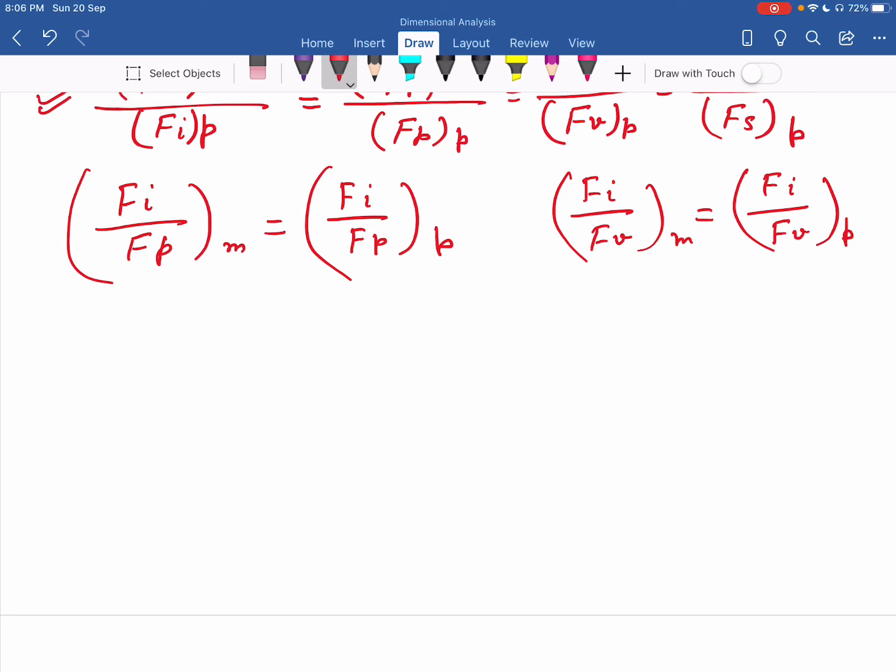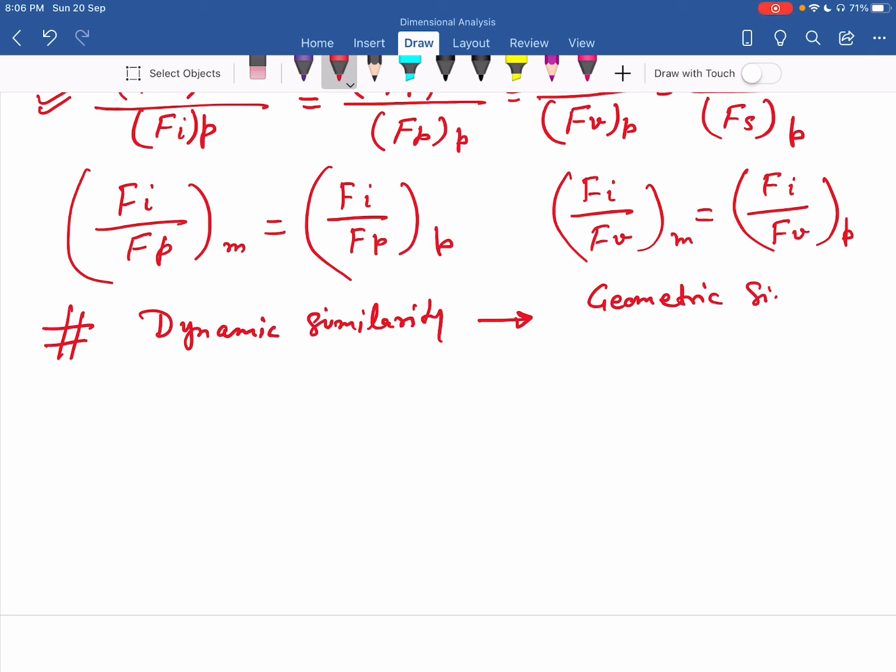Okay. Now you can note down one important point here: dynamic similarity is possible only if there are geometric and kinematic similarities between the model and the prototype. So you can say dynamic similarity will only be there if there is geometric similarity plus kinematic similarity. Okay.